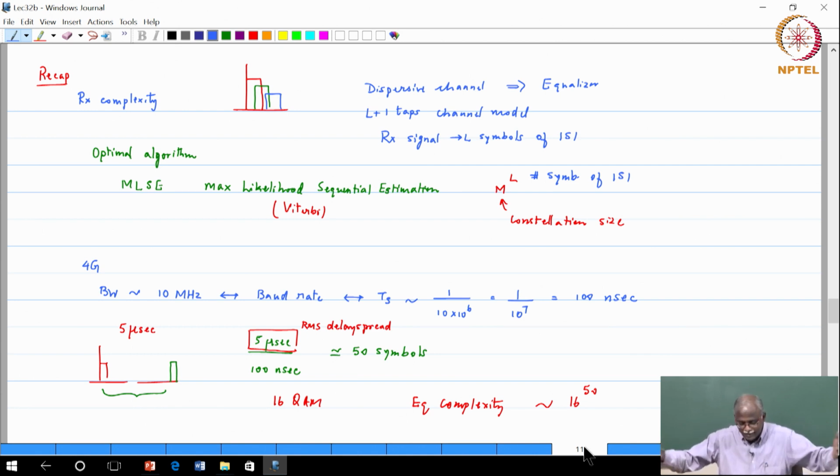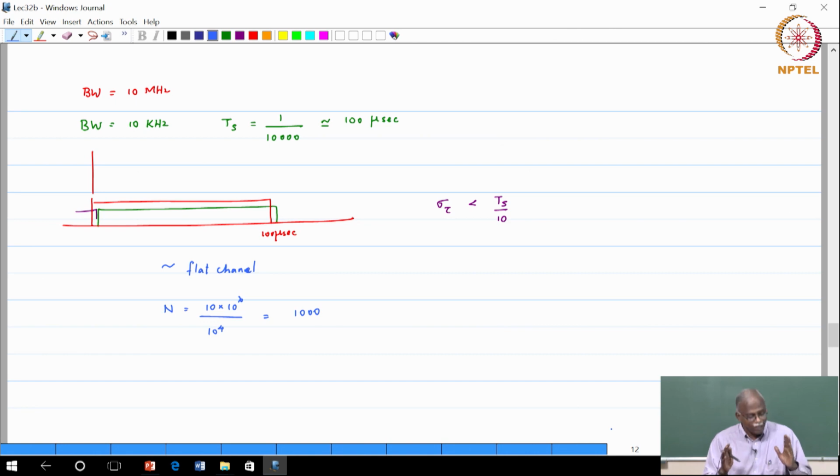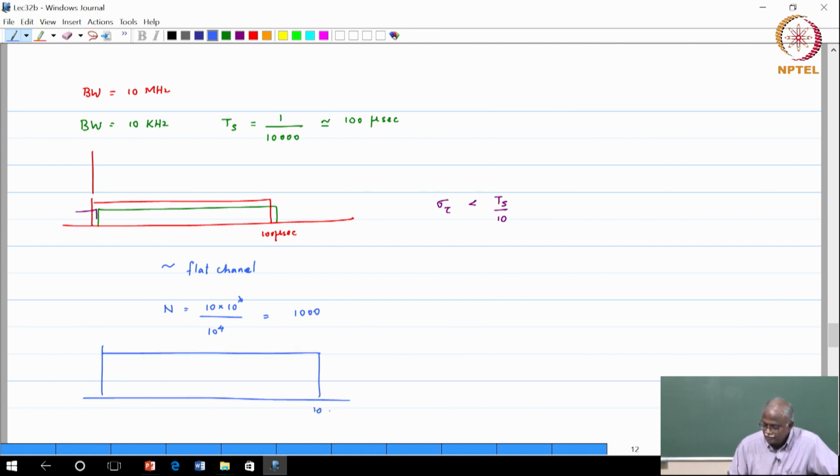Working with a 10 megahertz channel, it was very difficult to do equalization, with no possibility of achieving channel capacity, and now you are saying, hey, I now have the ability. So what we have done is we took a wideband 10 megahertz signal and divided it into subchannels, each 10 kilohertz wide, and then you completely transformed the problem into a domain for which we have a lot of tools.